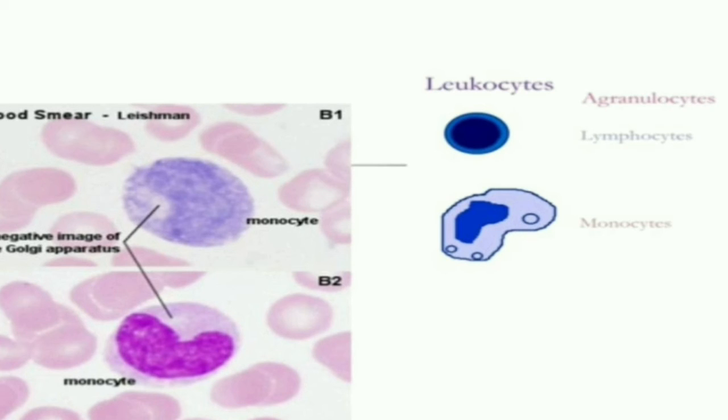They consist of a large sized nucleus. These monocytes are described as internal scavengers. If any dead cells are there in the blood, these monocytes may engulf those unwanted substances, cell debris and dead cells.